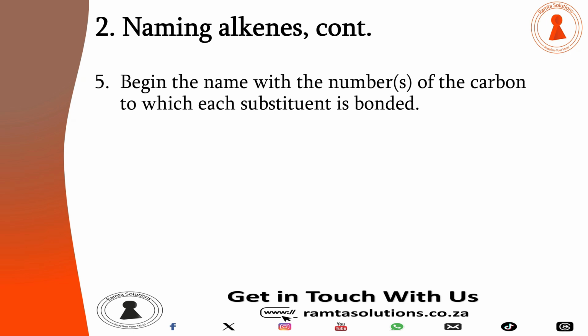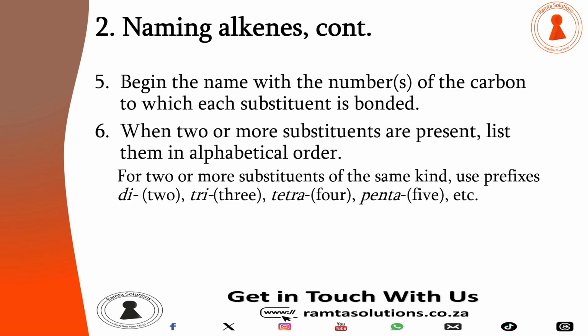Okay, now it happens that you have more than one substituent. When you have more than one substituent, what do you do? You use your prefixes di, tri, tetra, and penta. But hold on, if you have more than one substituent, especially different substituents, you will have to list them in alphabetical order. Okay, list them in alphabetical order.